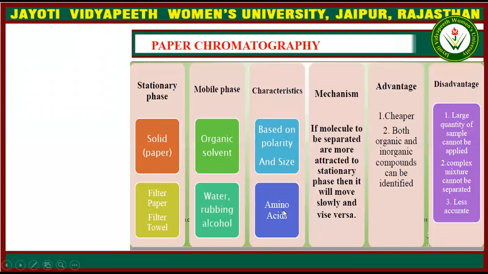The examples include the separation of amino acids. What is the mechanism? The molecules will be separated on the basis of their size. The smaller molecules will move fast, and the larger molecules cannot move fast. Advantage: it is cheaper, and disadvantage is that a large quantity of sample cannot be applied.